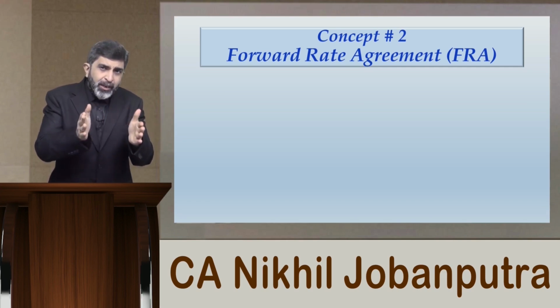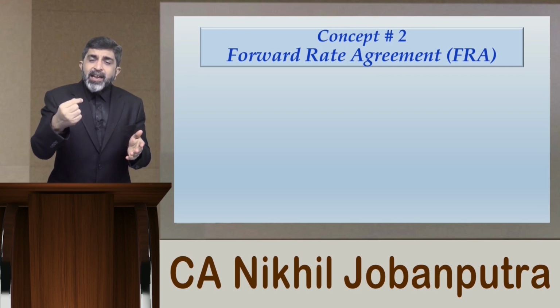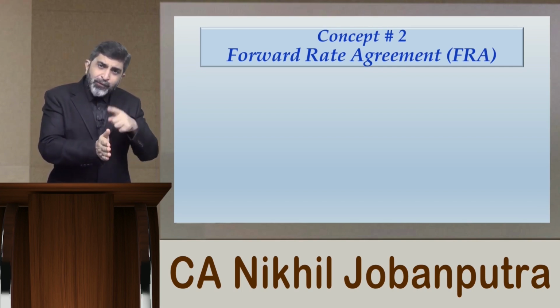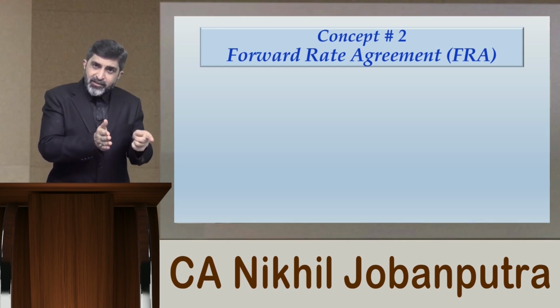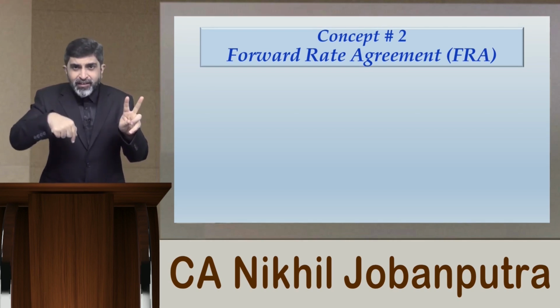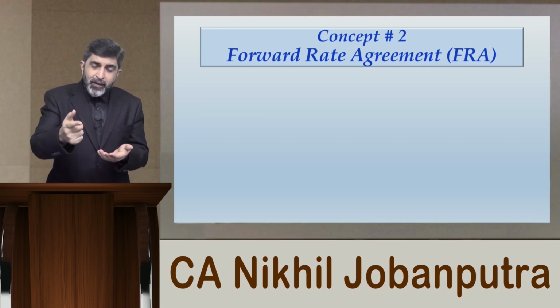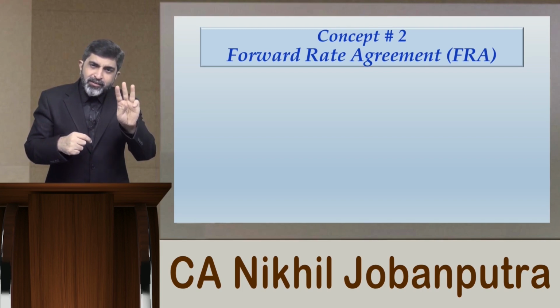So how do you interpret 6/9 FRA? 6/9 FRA is interpreted as the borrowing will initiate after 6 months and the borrowing will end after 9 months. Both of these periods, 6 months and 9 months, are counted from today's date. That means I will borrow after 6 months and I'll borrow only for an incremental period of 3 months. That means the borrowing period will be only 3 months.